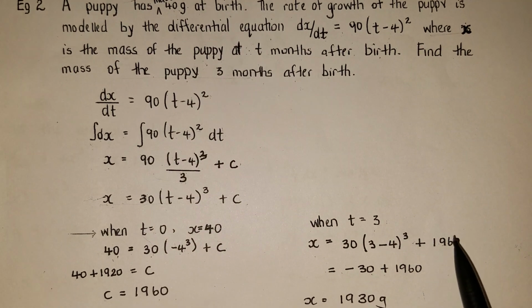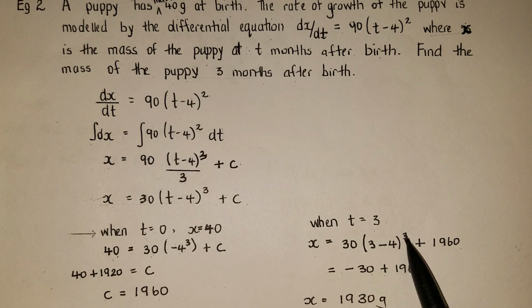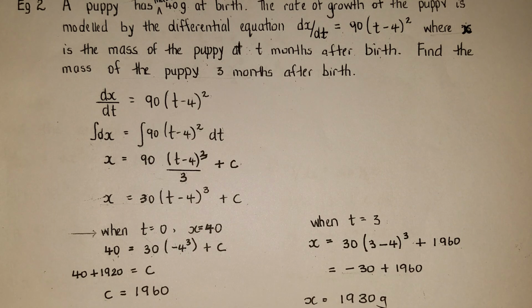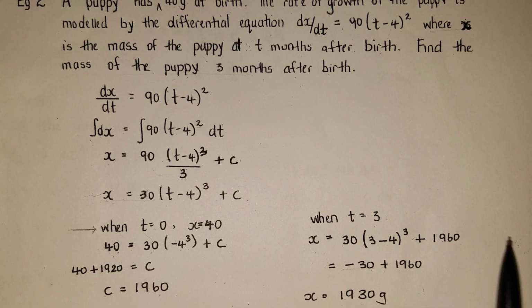So when we solve for x, 3 minus 4 is a negative 1. We cube that. We still get a negative 1. Gets multiplied by 30 to give us negative 30. So negative 30 plus 1960 gives us x equals 1,930 grams.